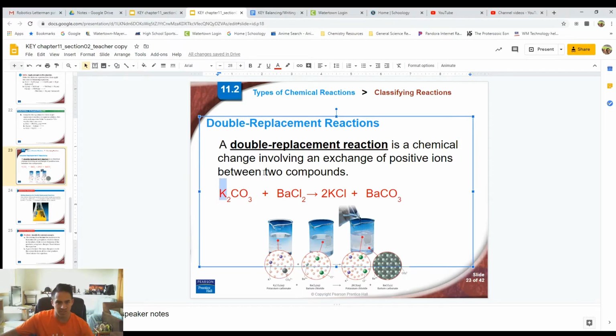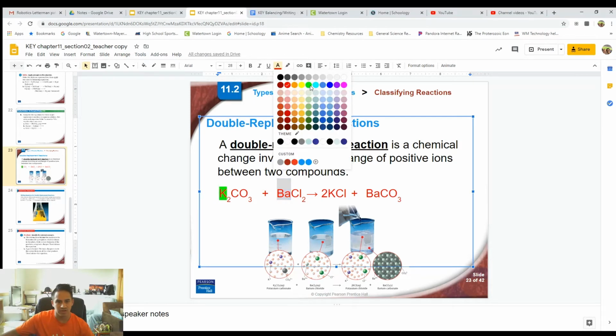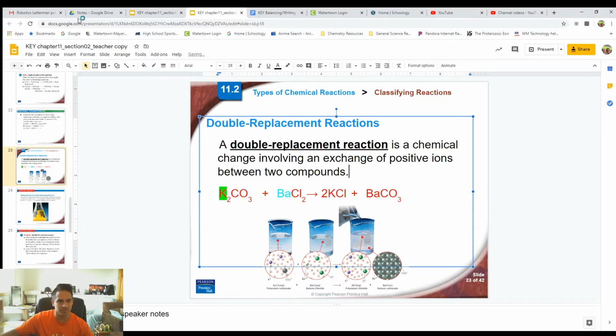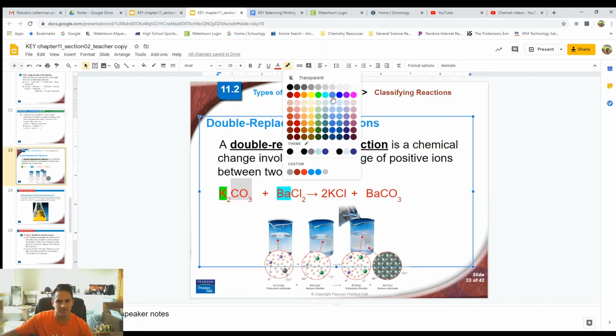So again, we see that there's a swap. This element here and this element here swap with each other. I meant to highlight that. There you go. So those 2 swap so that the carbonate and the chloride are then bonded with the other things.